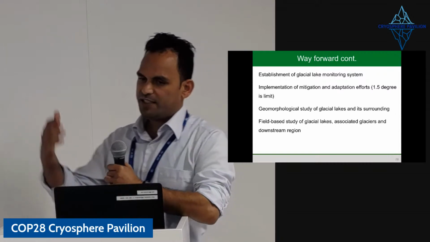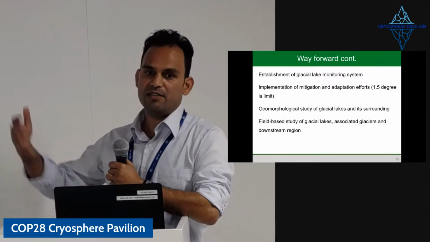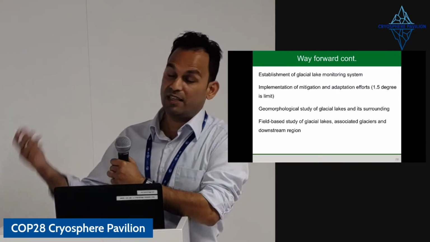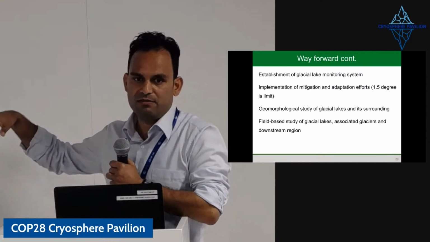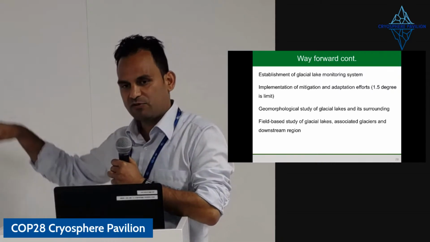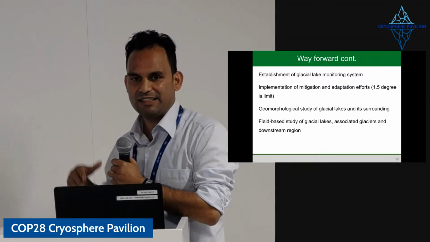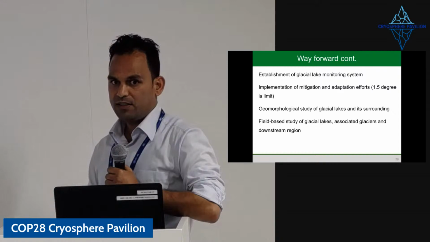If it is still in the mountains, it can have impact even 100 kilometers downstream of that particular glacial lake. Once it reaches the plains, the impact will be less. But even in mountain regions, with narrow valleys, some communities are located very close to the riverside.